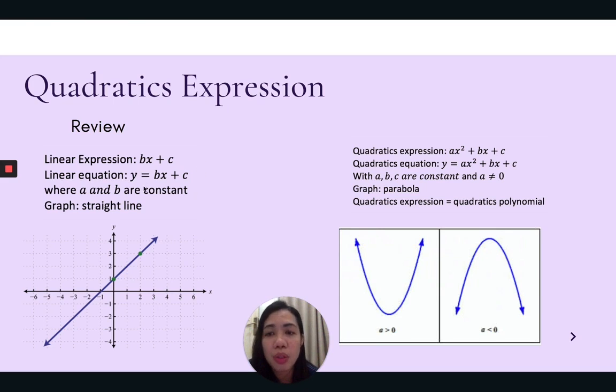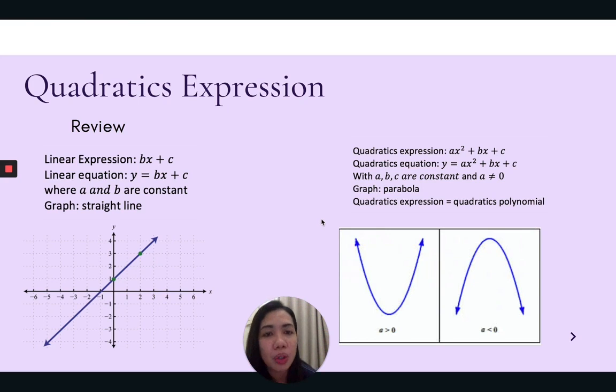And if you want to transfer this linear equation into a graph, or draw this linear equation, it will always give us a straight line. So this is one example of a straight line. Whenever you want to draw a linear equation, you must have a straight line like this.